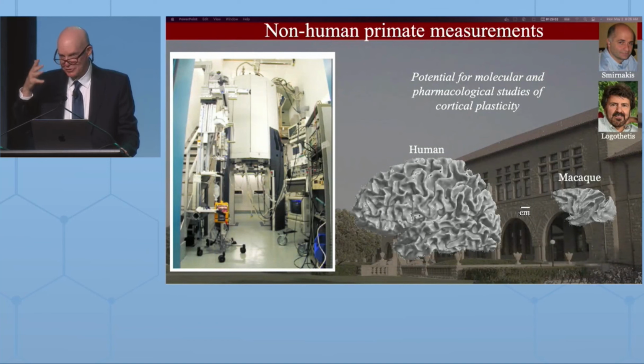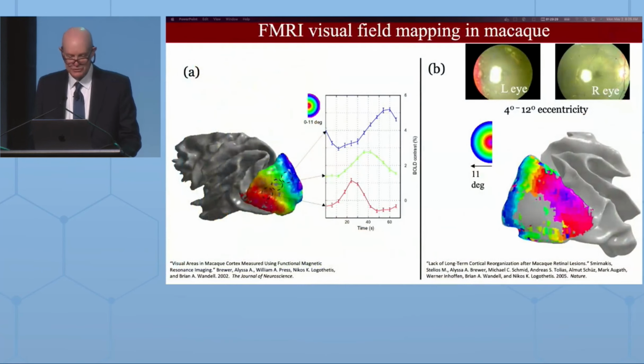So at that time, or just around that time, we thought, well, to get a better understanding of the molecular basis and the cellular basis of this, maybe we should try to make some measurements in animal models. And I was lucky to have a close colleague and good friend, Nikos Logothetis, and his postdoc at the time, and now a distinguished neurologist at Harvard, Stelios Smirnakis, and we spent years going back and forth getting rigs built to make measurements in macaque brain, again using these same functional MRI methods.